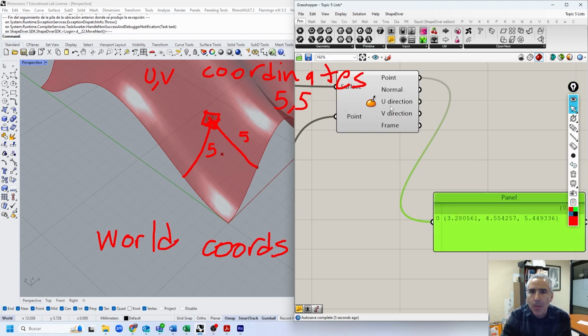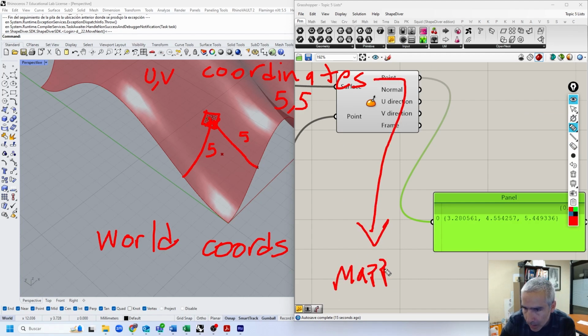It's different because these coordinates are mapped to the surface. So UV coordinates are mapped to the surface. Okay? And that's one way of understanding surface domains.